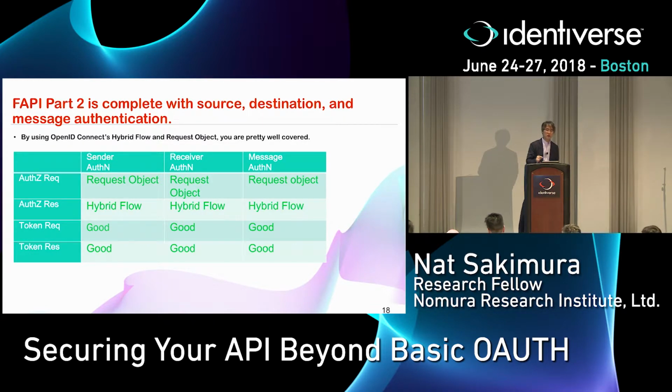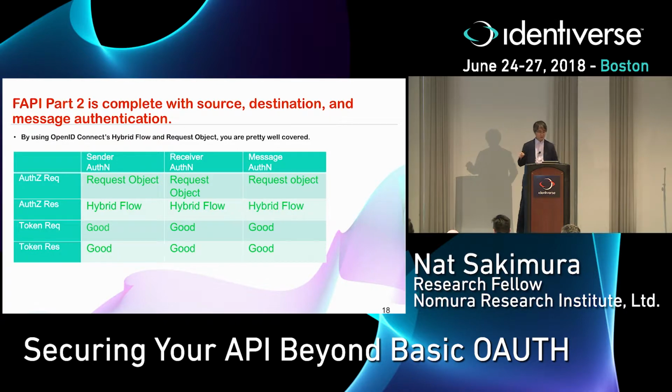In the hybrid flow, something called an ID token comes back with the code. The name ID token suggests that it is related to the identity of the person, but it doesn't have to be. The ID token, in this case, is a detached signature to the authorization response, so that if something is tampered with or changed, the client can find out something fishy is going on.